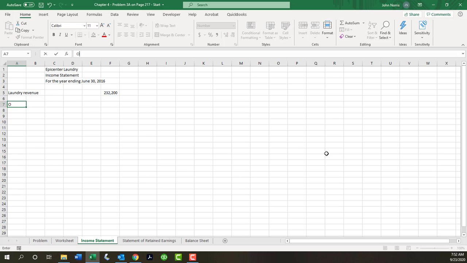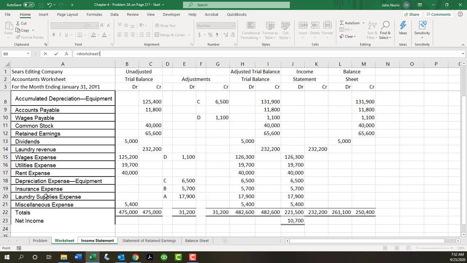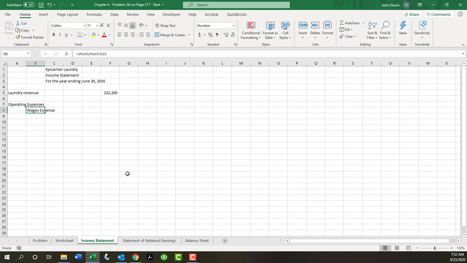Then we have operating expenses. And they consist of this wage expense, really all of them, wages on down to miscellaneous. So there's 7 of them.